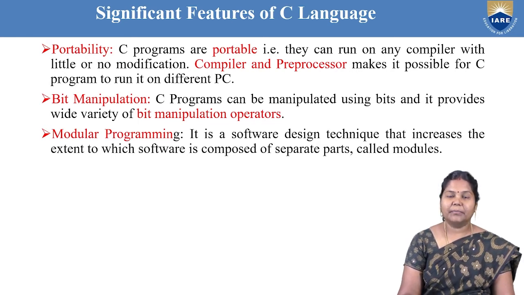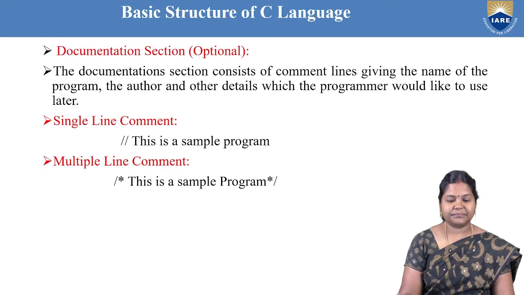In C programming, there is a functional approach using which you can independently design and prepare the modules. Each function is known as a module, and the collection of functions together makes the complete program. It is a software design technique in which the software is composed of separate parts called modules. So, C language supports the modular programming approach.